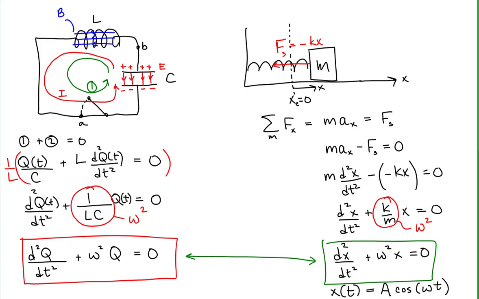This solution is periodic in time. It's cosinusoidal. It varies periodically. And what this says is that the block oscillates in time.